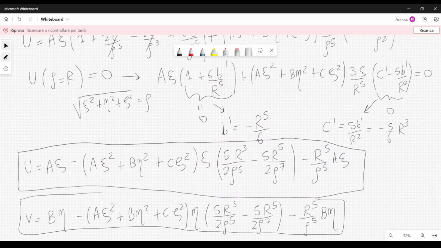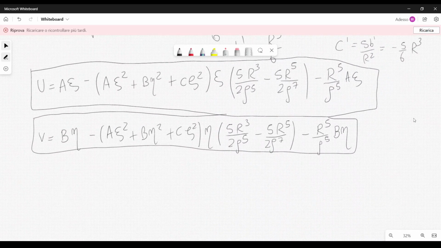And now we just have to guess the expression for w. It's quite easy to guess from these two.